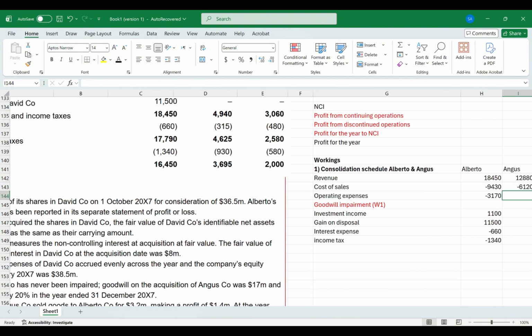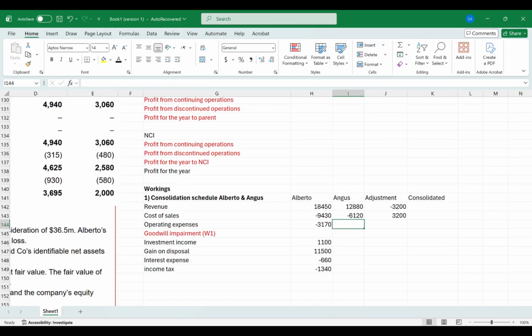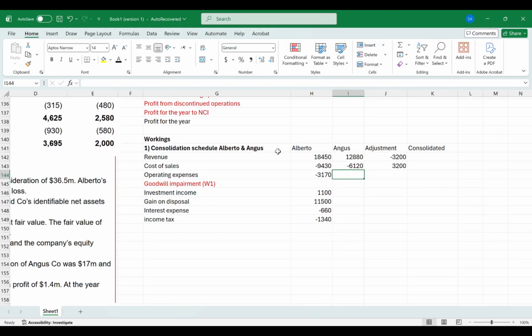If you see the cost of sales, it is 6,120. Now you have to make an adjustment for URP, that is your unrealized profit. That unrealized profit you'll be deducting from your cost of sales here.